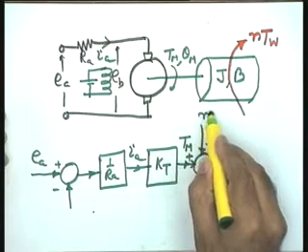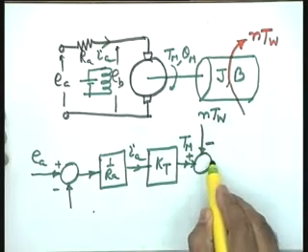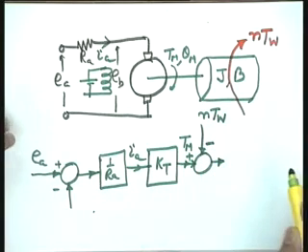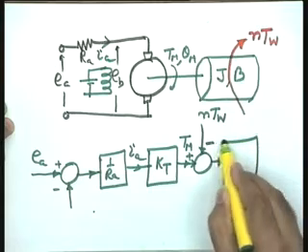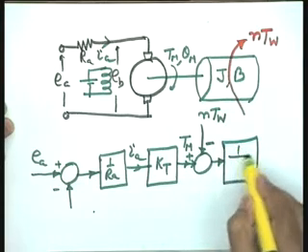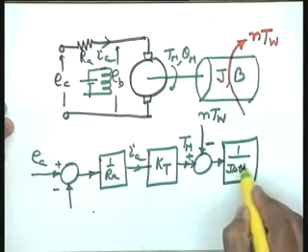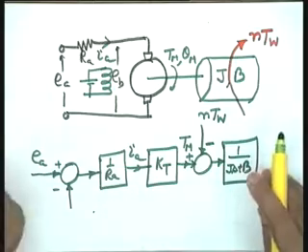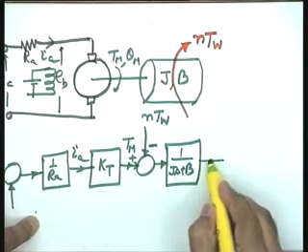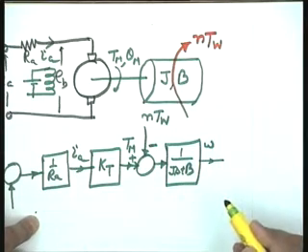So, let me write here Tm minus Tw, and therefore, this becomes the total torque available for driving the motor, for driving the rotor of the DC motor. So, here the opposition is coming from the load, and let me say that 1 over Js plus B is the load transfer function, where J and B, well, obviously it should be clear now, are the reflections on the motor shaft. So, the output here is omega, the speed.